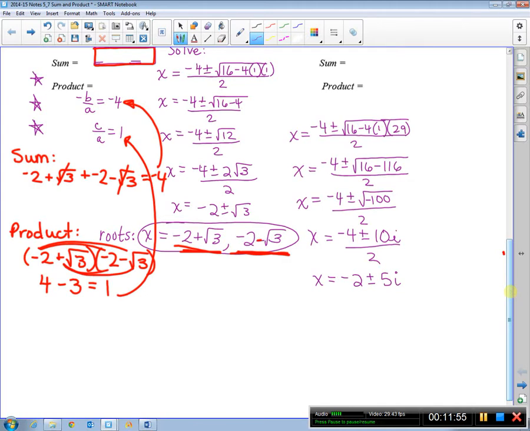So here we are. Our roots are x equals negative 2 plus 5i and negative 2 minus 5i.